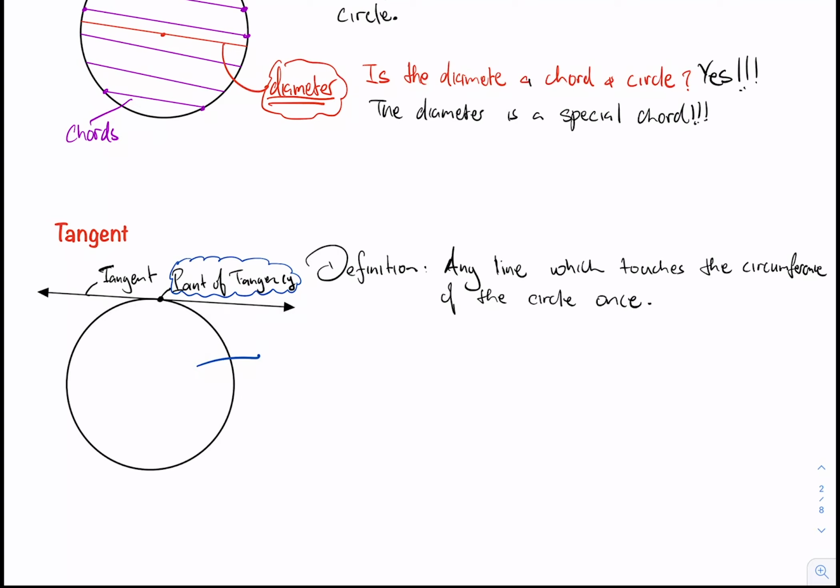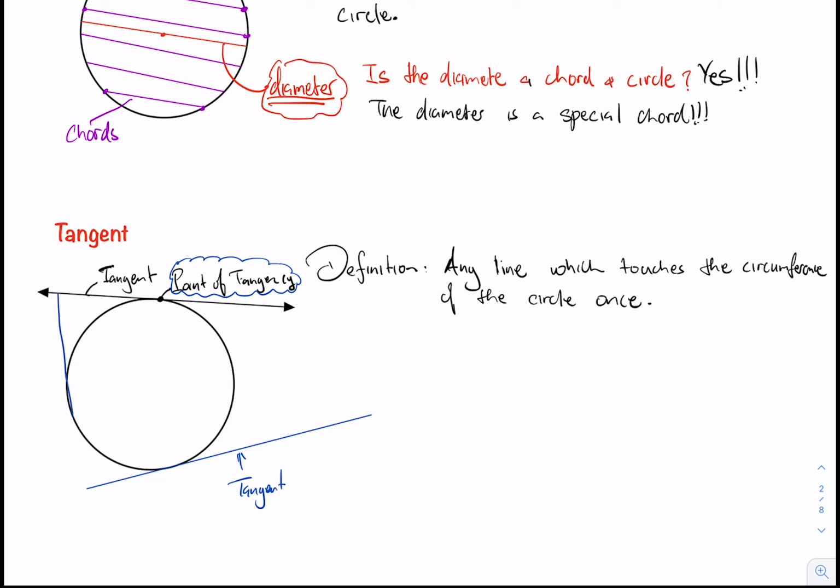But we're not finished with tangency as yet. So let me put in some more tangent lines so we can get a better understanding. Here we have another example of a tangent. So tangents are basically lines that touch the circumference of the circle only once.